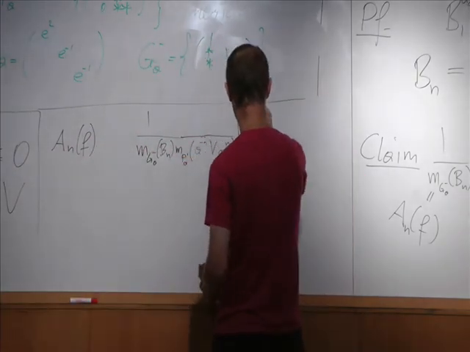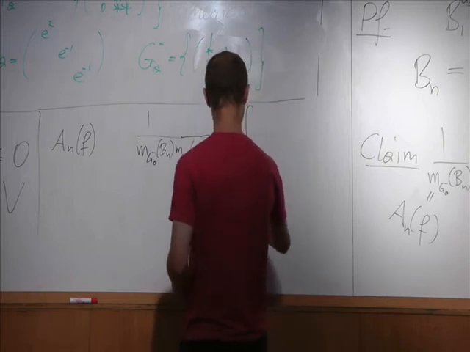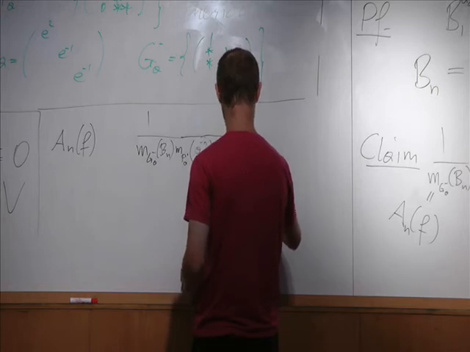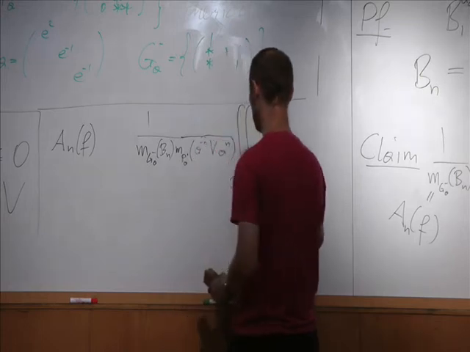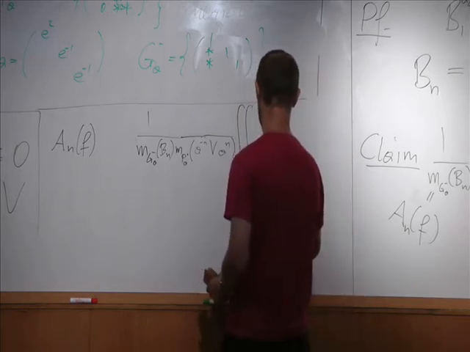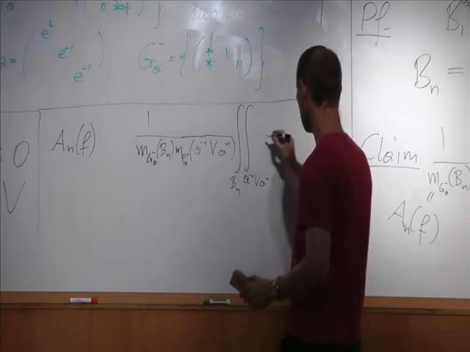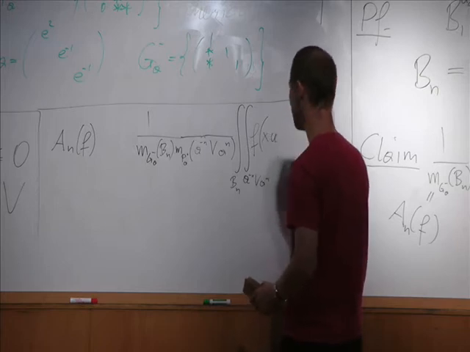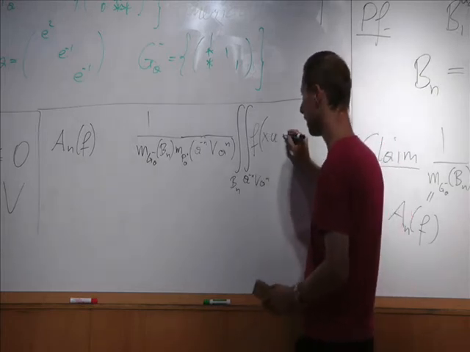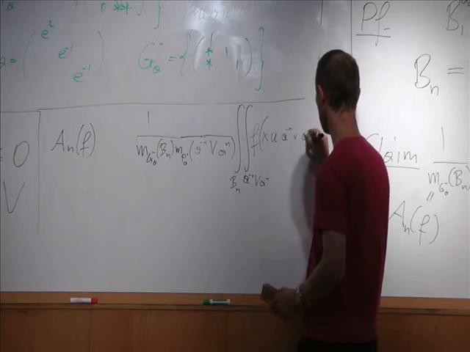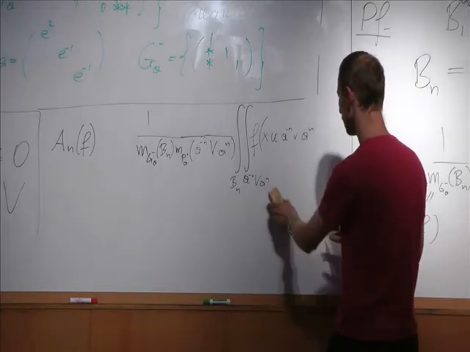Right. And now I'm integrating twice. Once over the set B_n and once over the set A to the minus n V a to the n. And I'm integrating f of x u, and now a to the minus n V a to the n. And let's say V is this thing here.